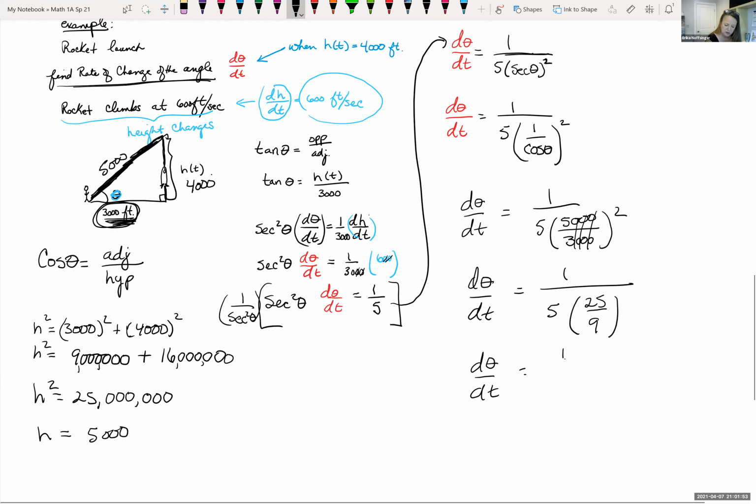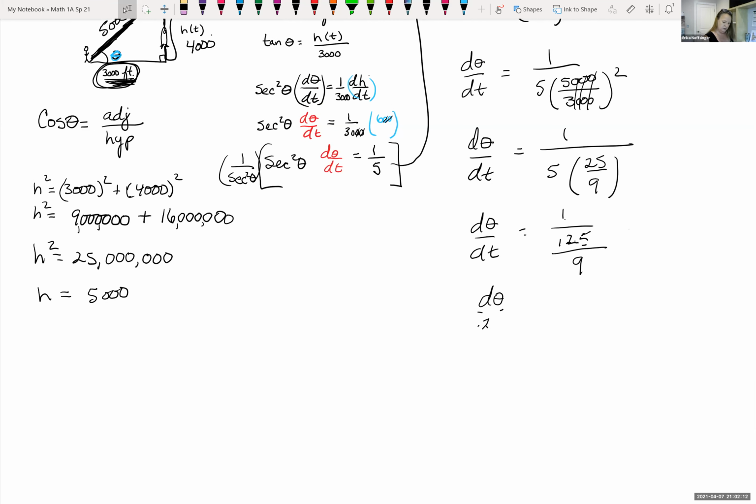So this is 1 over 125 divided by 9, and we get d theta dt is equal to 9 divided by 25.